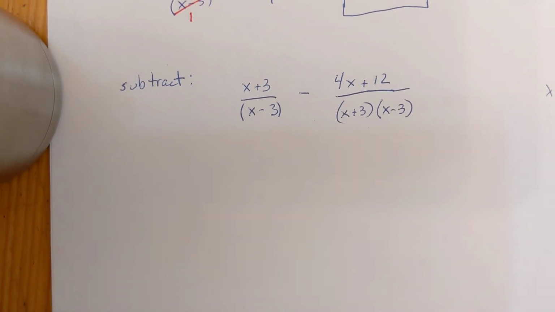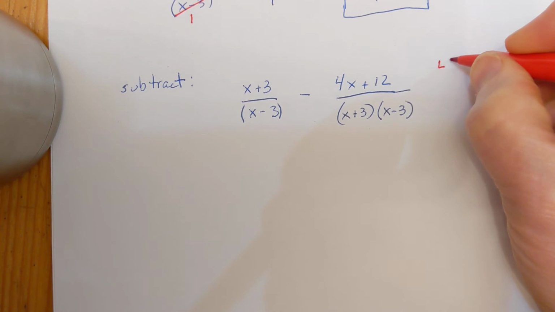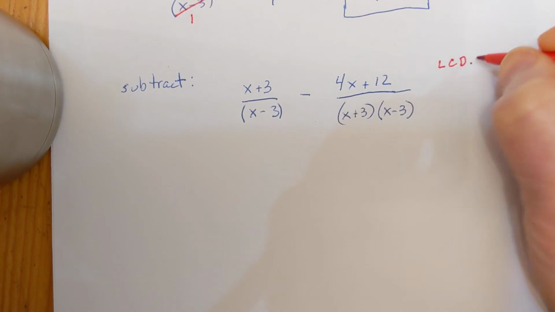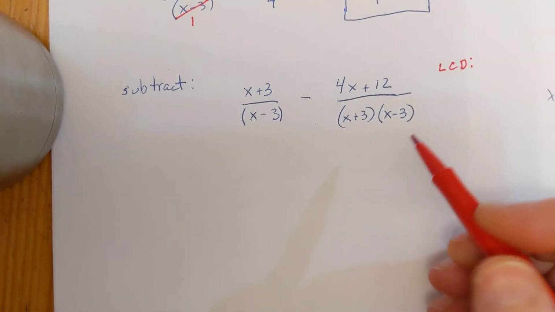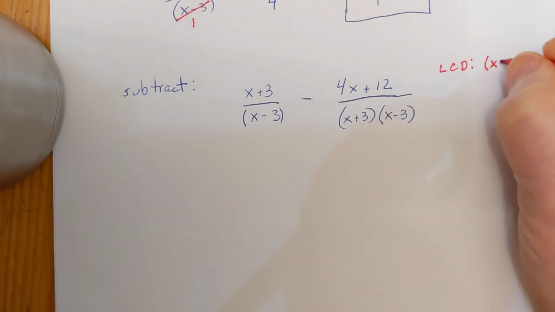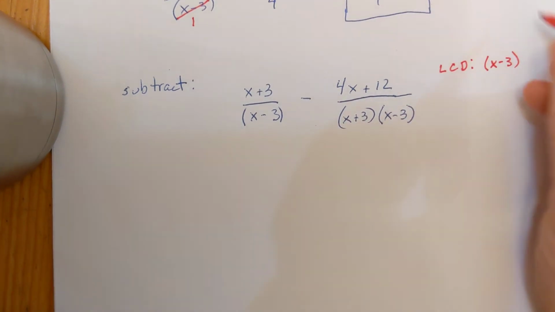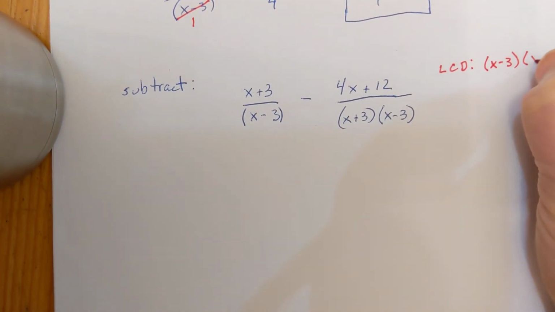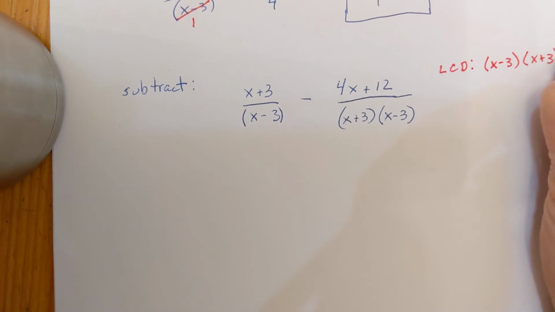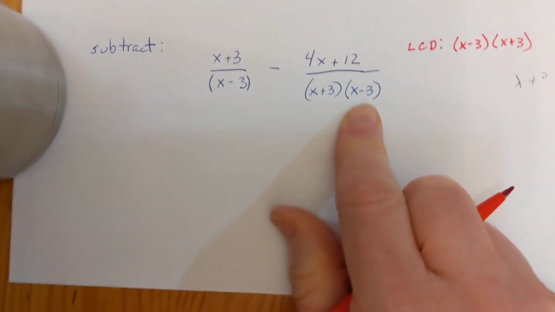Then I'm going to find my least common denominator. I like to write it down on my paper, least common denominator. That's going to be x minus 3. And it's got to have an x plus 3. This already has an x minus 3. It only has 1.